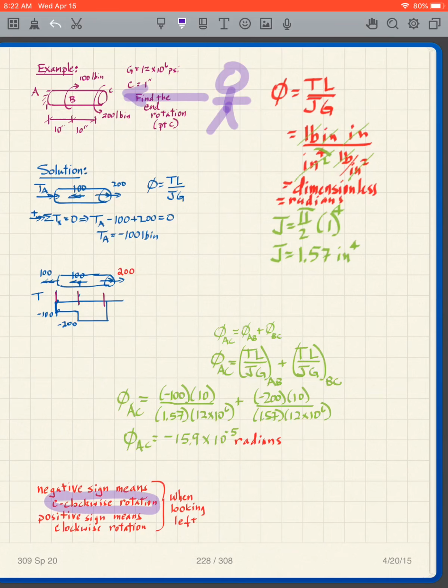So if I get a positive sign, that means I have clockwise rotation.